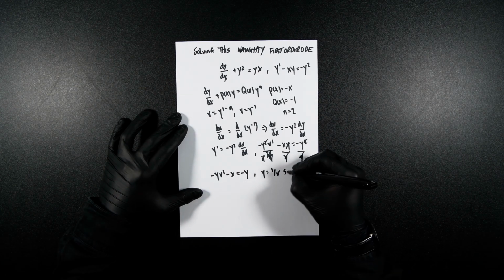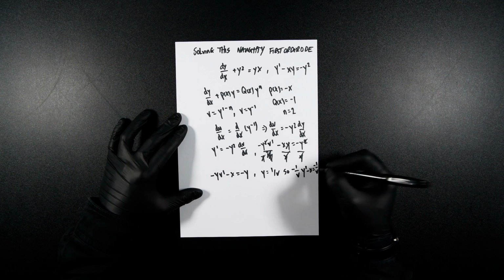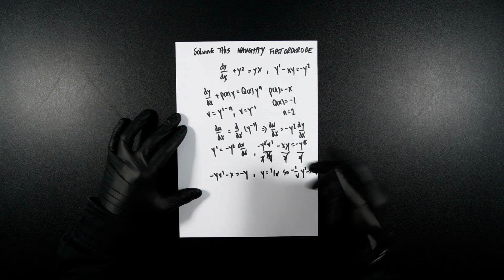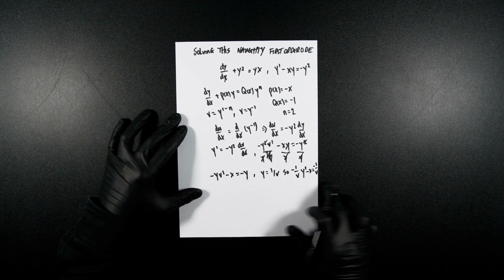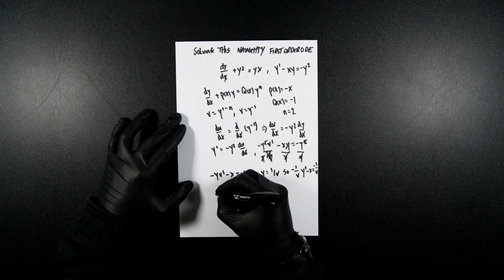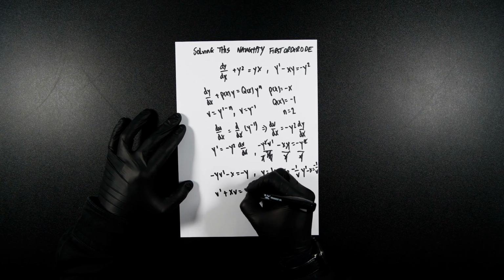So you're going to have minus 1 over v, y dash, minus x equals minus 1 over v. Multiply by v. So we're going to multiply this whole thing by v and then rearrange. If we do that, we will now get v dash plus xv equals 1.